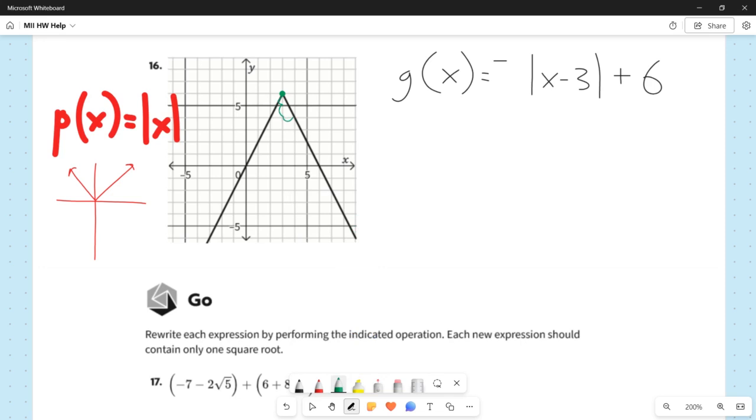With the parent function, vertically we travel 1 unit and then go over 1 unit. But now with this function, our vertical travel is 2 units and then over 1. And that continues, down 2 over 1, down 2 over 1. If I go to the left, it's the same thing, down 2 over 1, down 2 over 1. And so not only has it been flipped, but it's also been stretched by a factor of 2.